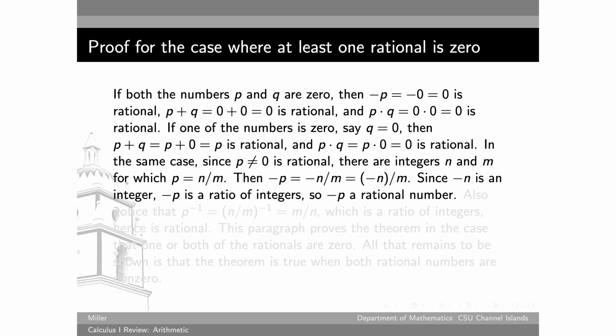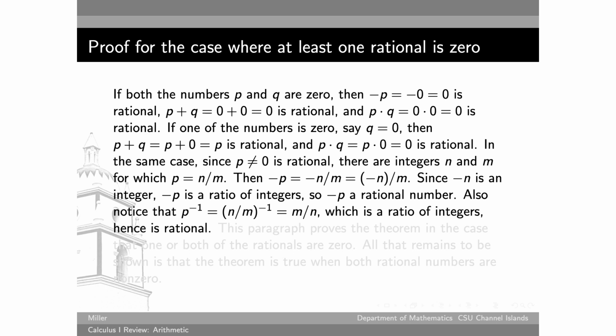Then look at minus p. Minus p is minus n over m, which is the same thing as minus n over m. Since minus n is an integer, I've just shown that minus p is a ratio of integers, so minus p is a rational number. Also notice that if p can be written as n over m, p to the minus 1 is the quantity n over m to the minus 1.